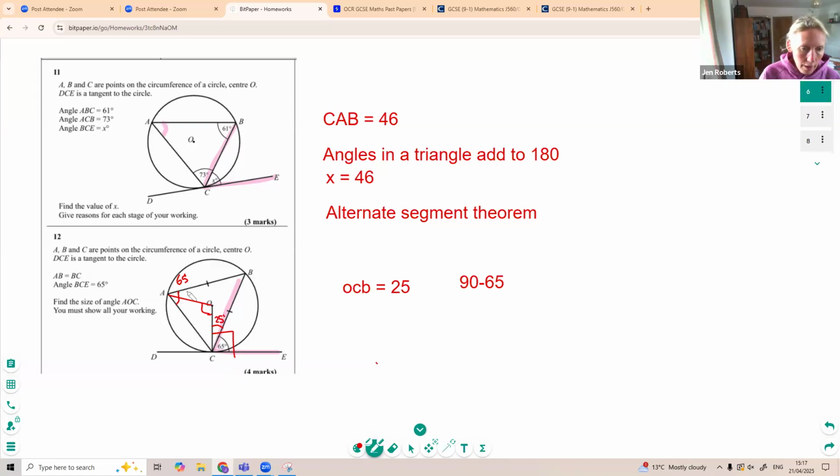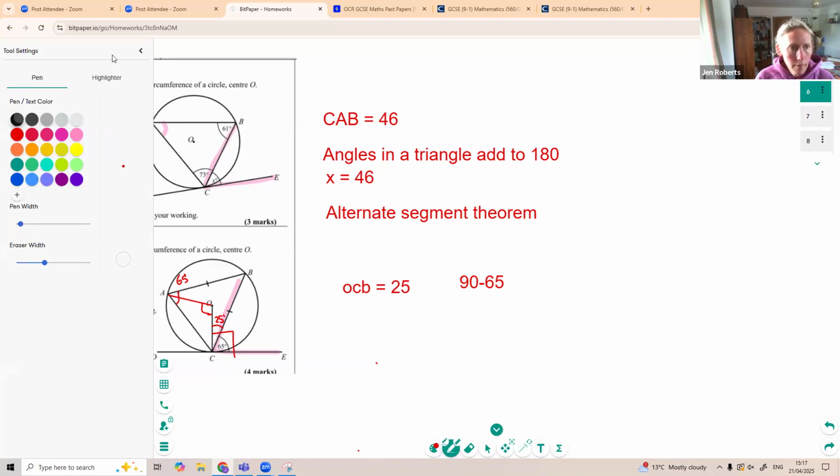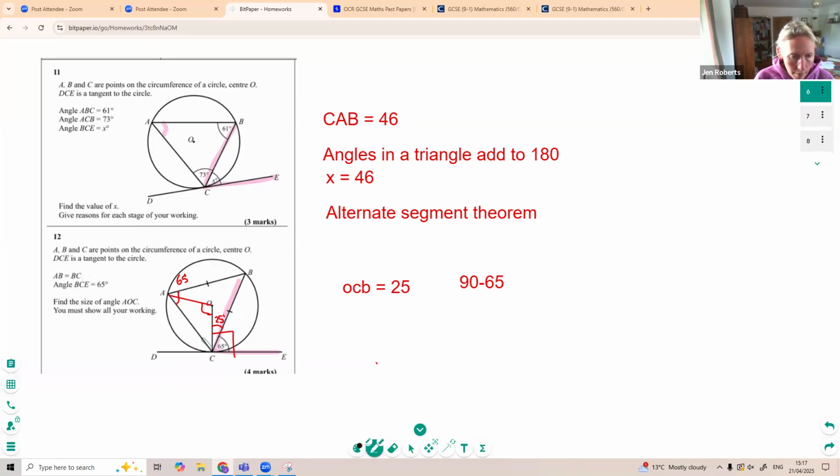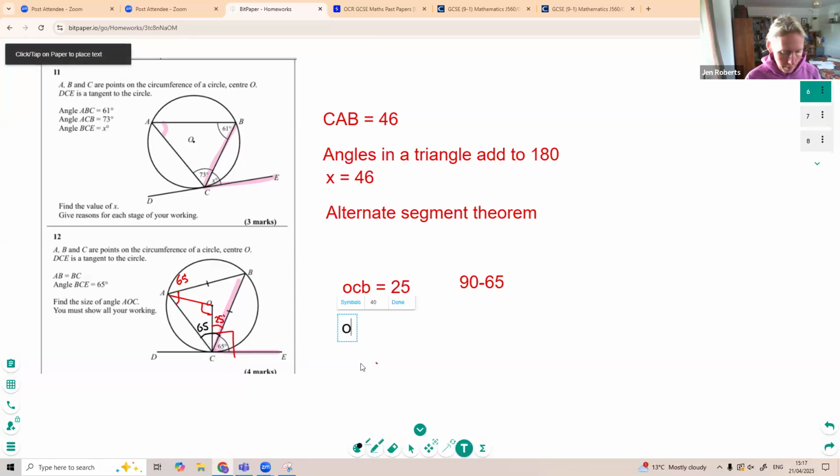Isosceles triangle, isn't it? Also, because this is 65, this one here is 65. Let me just show you that with a different colour. That one there, 65, right? Which then gives you 65 take away 25. So OCA is 40, because it's 65 take away 25.